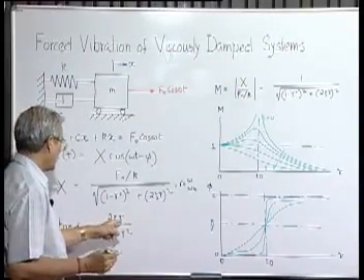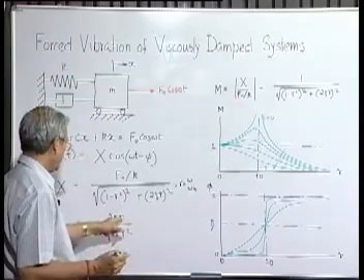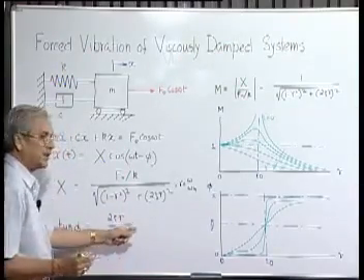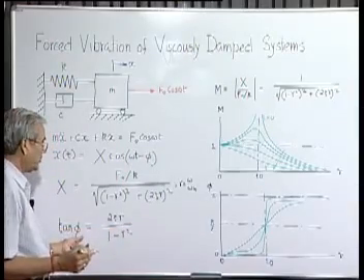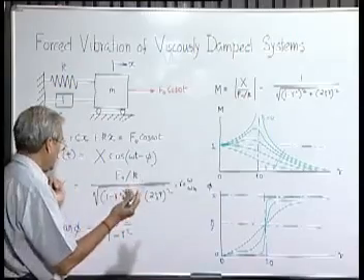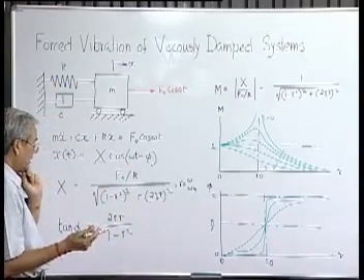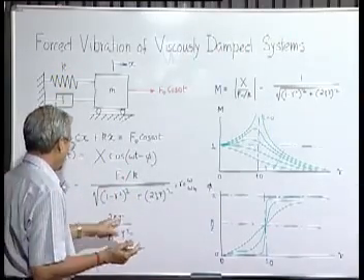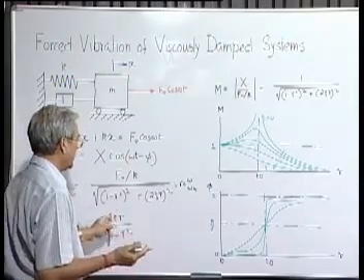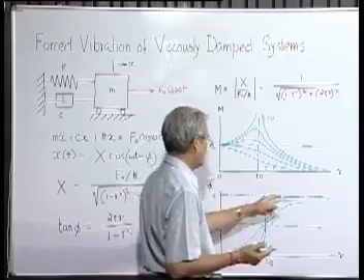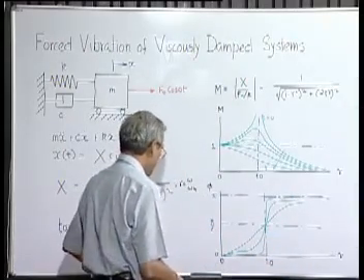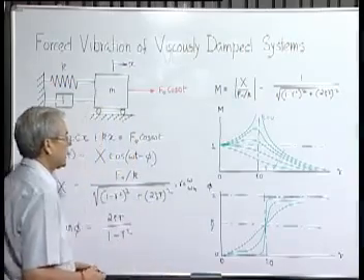As r gradually increases, it also increases, but when r becomes 1, the tangent becomes infinity, that means phi becomes pi by 2, and after that this becomes a negative quantity, and obviously we will go to the second quadrant, and as r tends to infinity, this tends to minus infinity, and obviously phi will tend to pi. So, this was the kind of results we received.